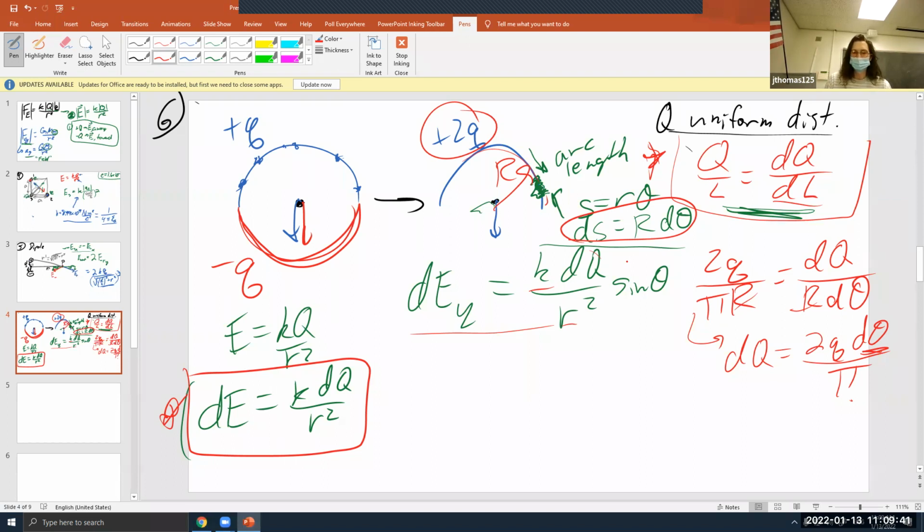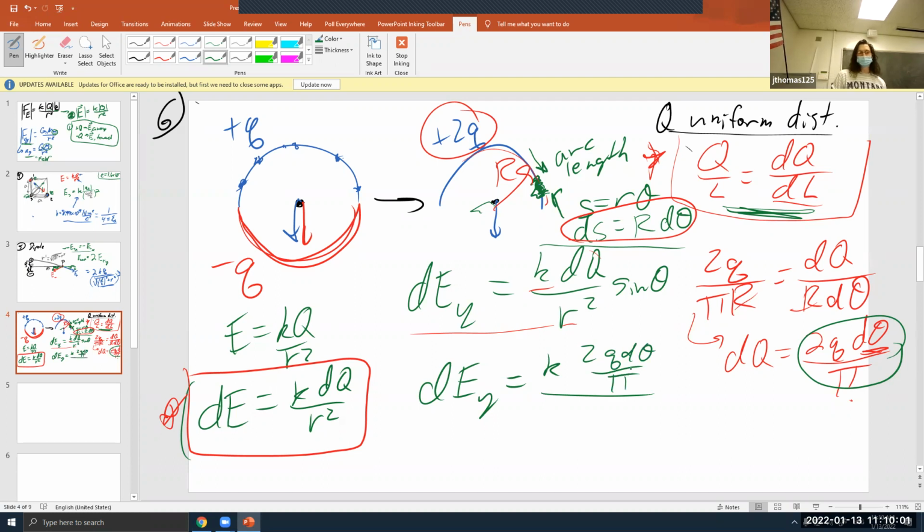All right, so let's go ahead and do our substitutions. I sort of just ran through them, but let's write them out real quick. So we have dE sub y is equal to k times dq, and we're replacing dq with 2q d theta over pi. On the bottom, we have r squared, and as I just mentioned, that's big R, so let's put big R squared down there.